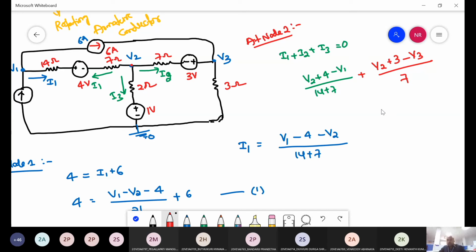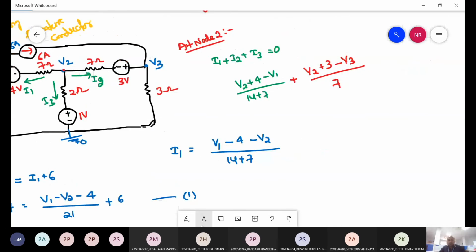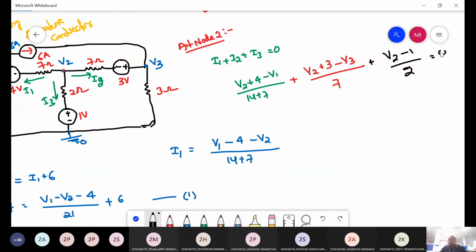Plus I3, what is that? V2, here plus to minus, so minus 1 by what is the resistor? 2, is equal to 0. Right? That is at node 2.